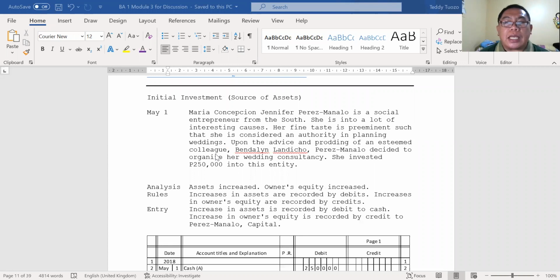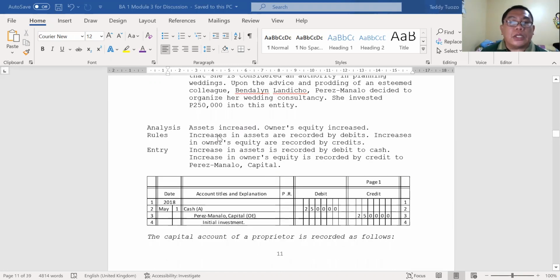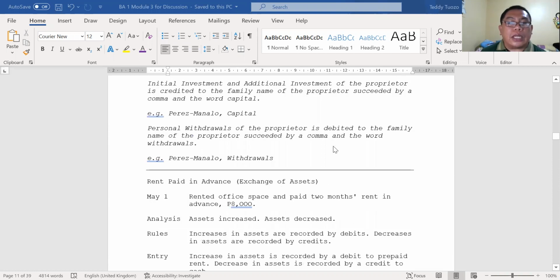Her fine taste is preeminent, such that she is considered an authority in planning weddings. Upon the advice and prodding of an esteemed colleague, Bendelin Landicho, Perez Manalo decided to organize her wedding consultancy. She invested $250,000 into this entity. So you have here the transaction analysis.